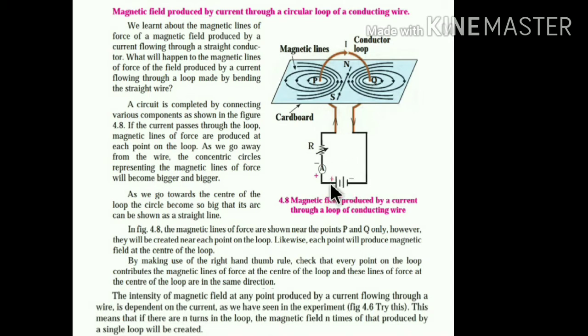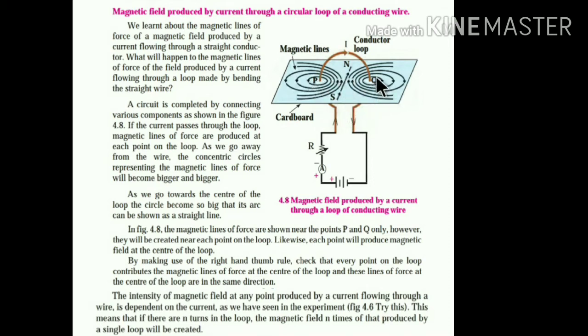This is the positive end, this is the negative end, and when the current passes through the circuit, this circular loop creates a magnetic field.